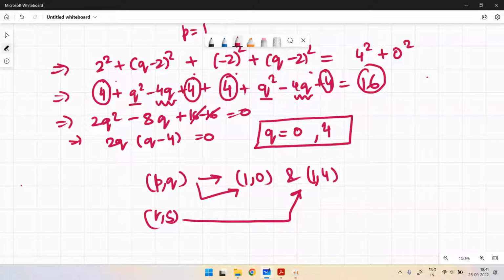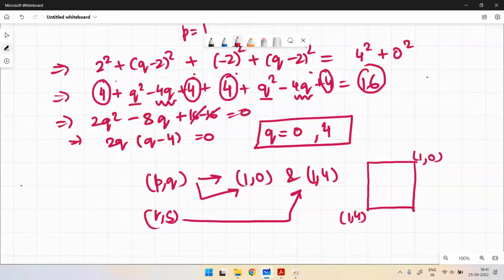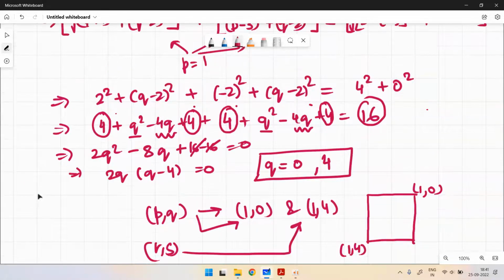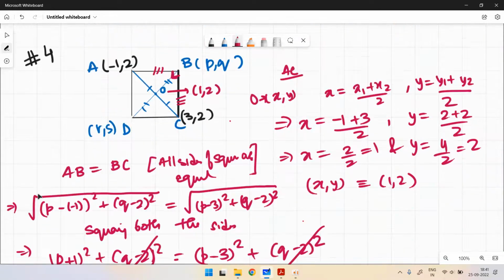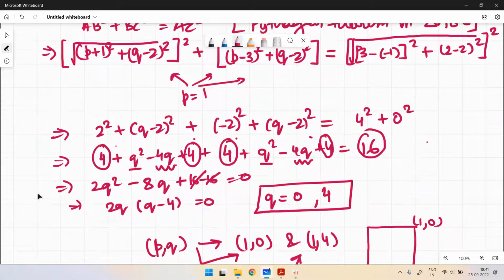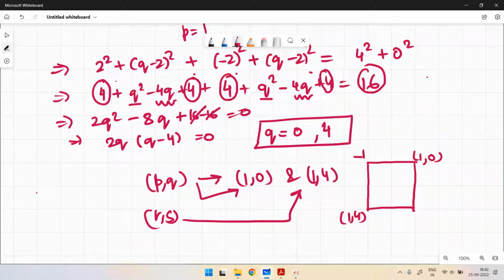will be, so if I again redraw this square, this is 1 comma 0, 1 comma 4, and this was ultimately minus 1, 2, 3, 2. And you also calculated this center point.